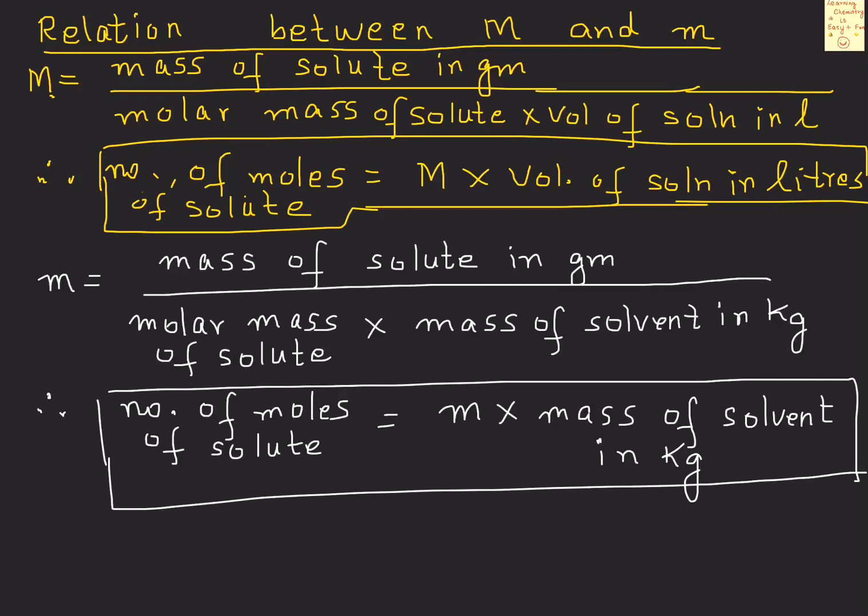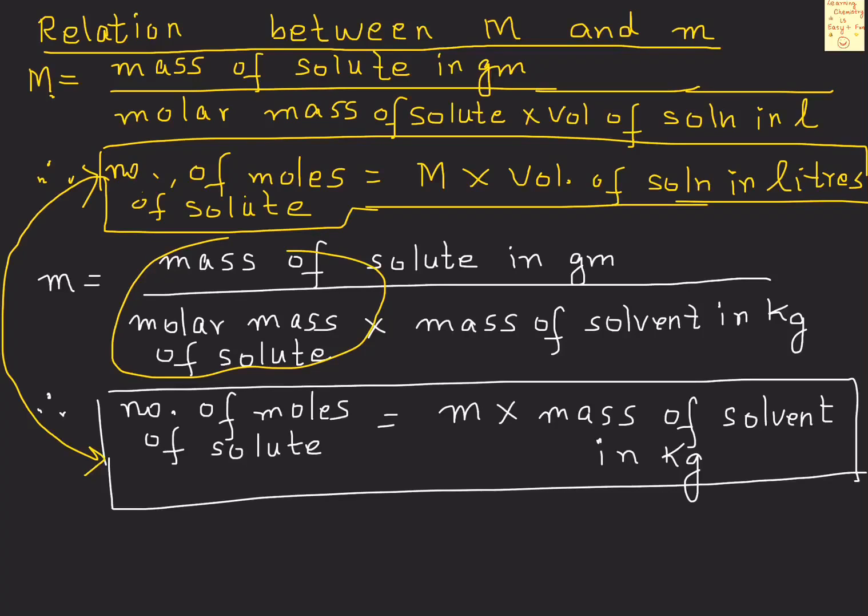Second, molality is mass of solute divided by molar mass of solute into mass of solvent in kgs. Again, mass divided by molar mass is, yes, number of moles. So number of moles of solute again can be molality into mass of the solvent in kg. So if we are talking about the same solution, then these two values represent the same thing, right?